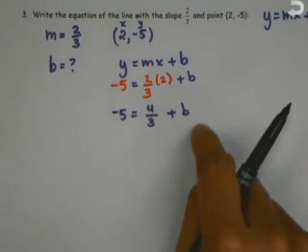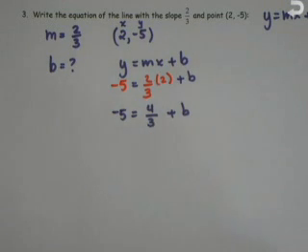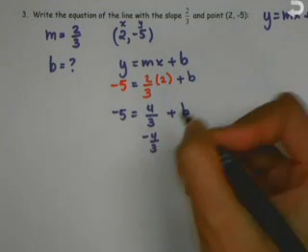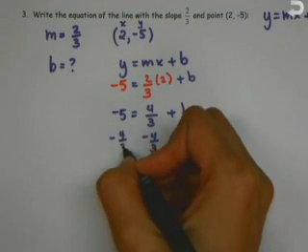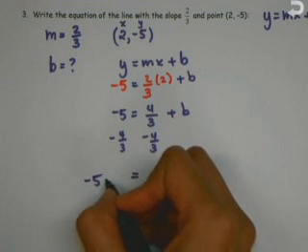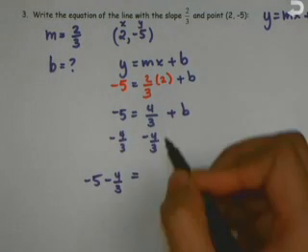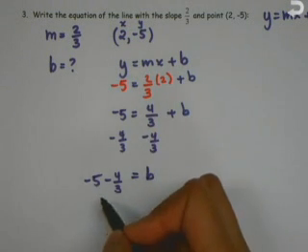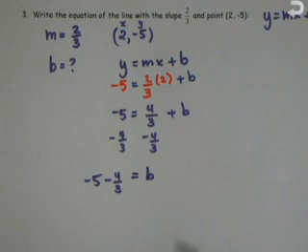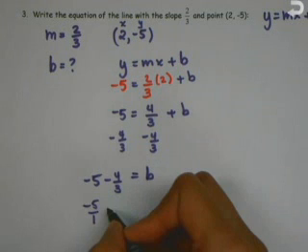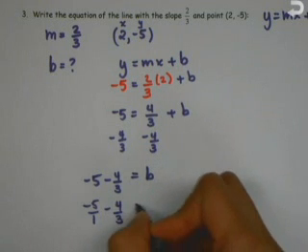So to isolate for b, we need to get rid of this 4/3. So to get rid of that, we can subtract 4/3 on both sides. To make it look nicer, that should be negative 5 minus 4/3 equals b. Since it's a fraction, we can find a common denominator. We're subtracting here, so we need a common denominator. This is the same thing as negative 5/1 minus 4/3 equals b.